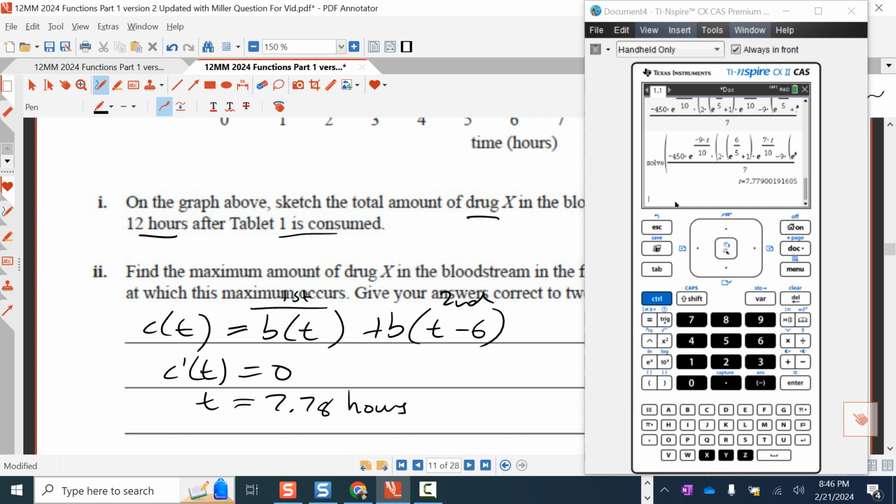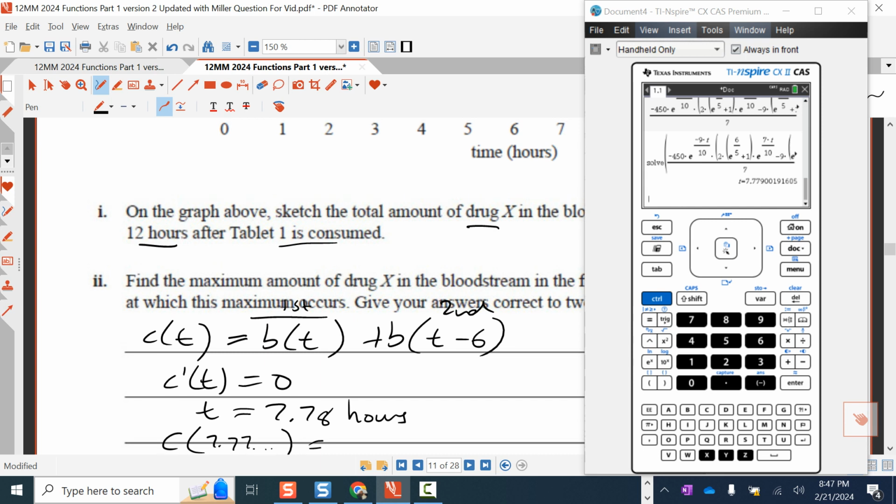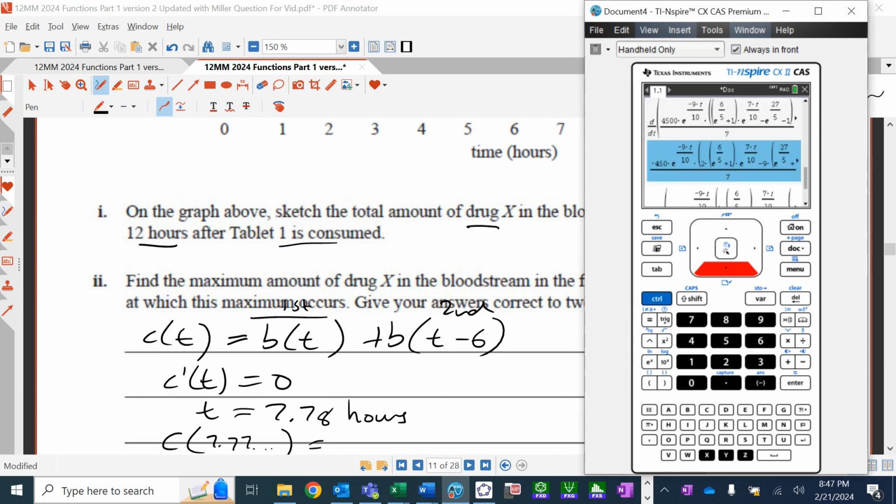Now what we'll do is we'll put this value of t back into c of t. So we'll do c of 7.77 dot dot dot, the full value of it in there, and that's going to give us the amount of drug, which we said I think was about 440 milligrams.